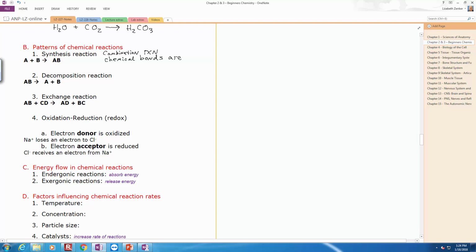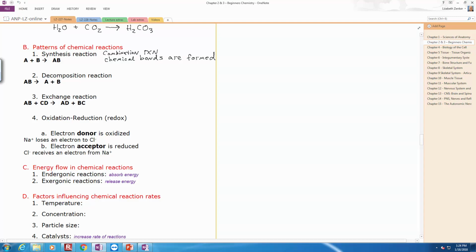Because synthesis means to make or synthesize, right? So what we're saying here is our generic equation of A plus B, A and B separate are what? Reactants. And they're going to form the product AB.